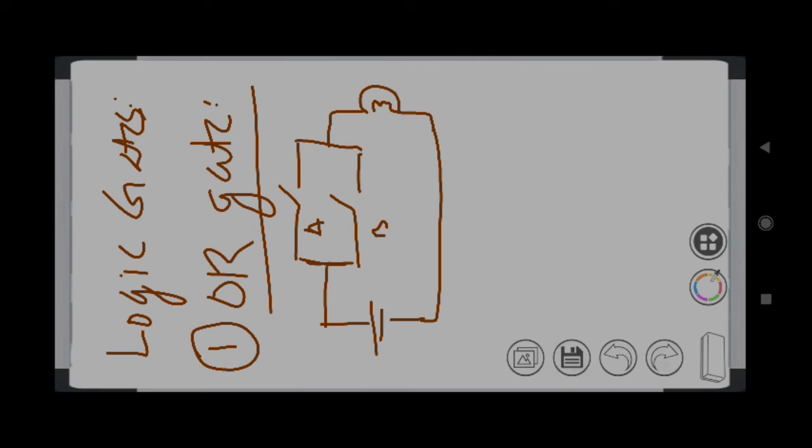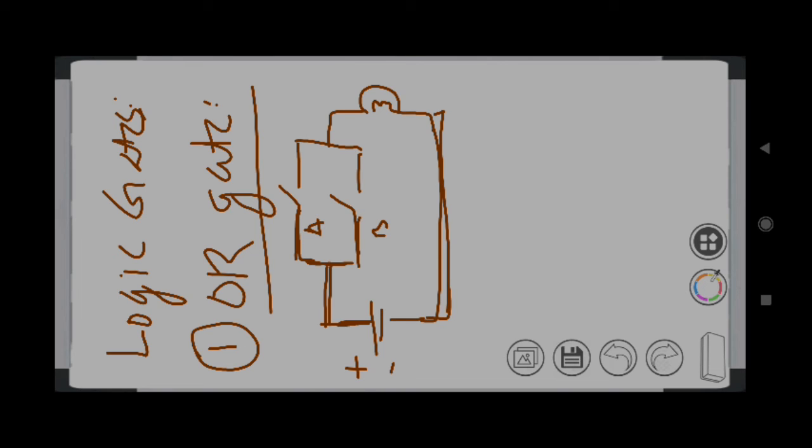Whenever the circuit is closed, the bulb glows. The current coming out from the positive terminal of the battery has to reach this bulb. For that, the circuit must be closed.